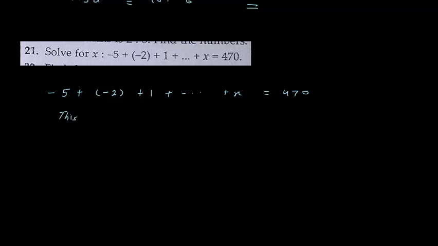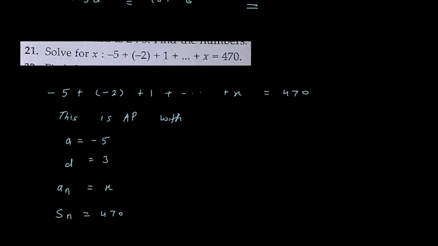You can easily see that this is an AP with first term a equal to minus 5, d equal to 3, an equal to x, and Sn equal to 470.